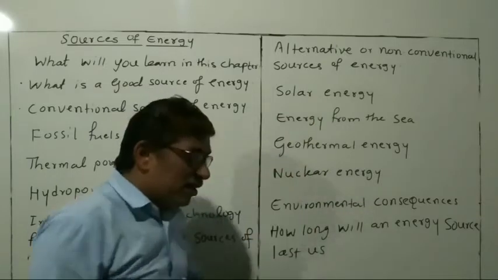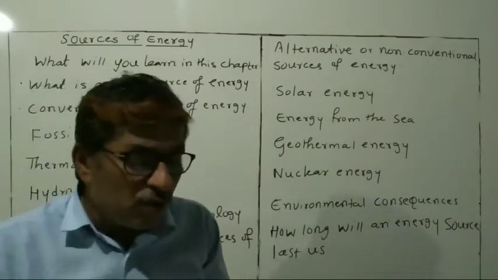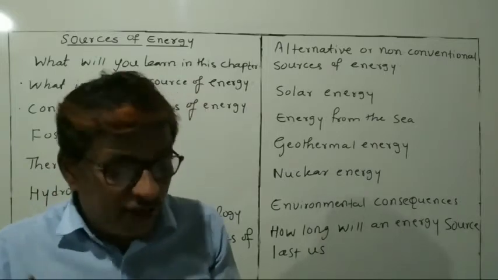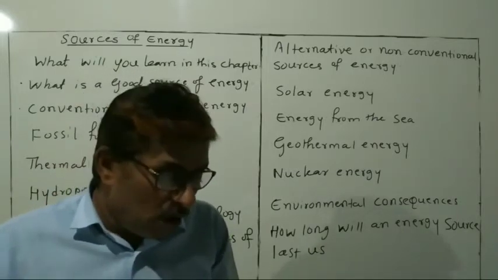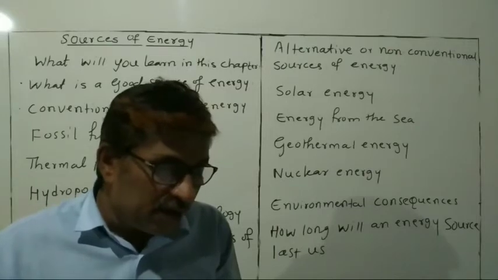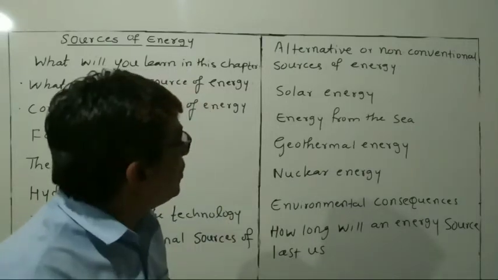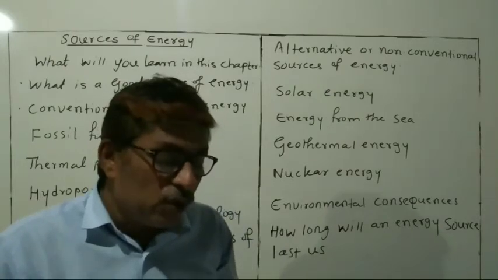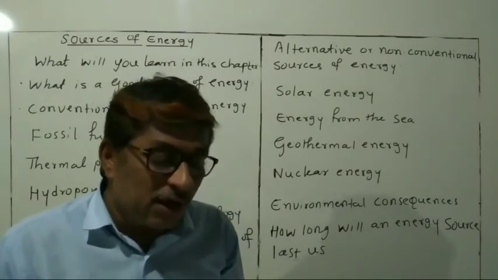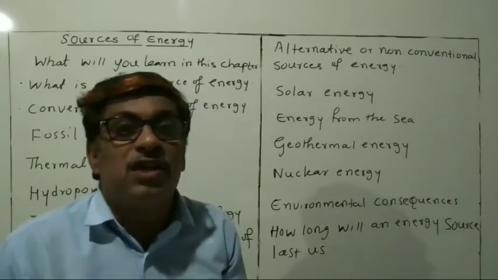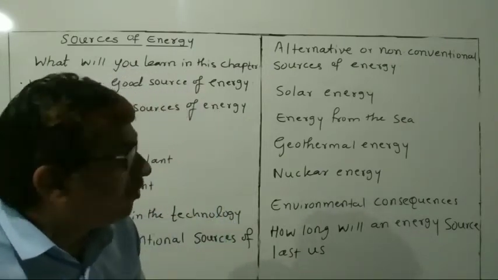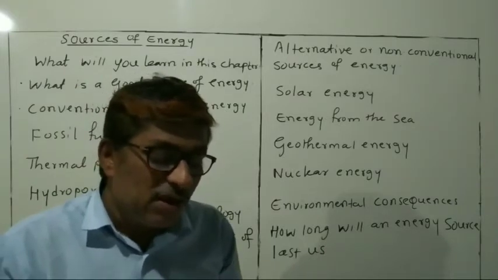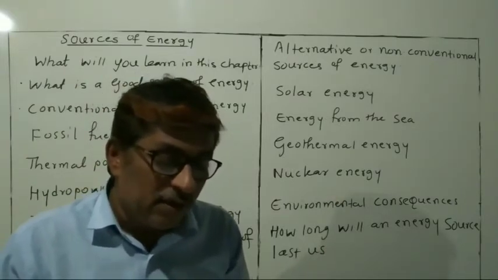Now the energy from the sea, the ocean energy. The tidal energy, wave energy, and ocean thermal energy are considered as the energy from the sea. Due to the high and low tides, the difference in sea level gives us the tidal energy.